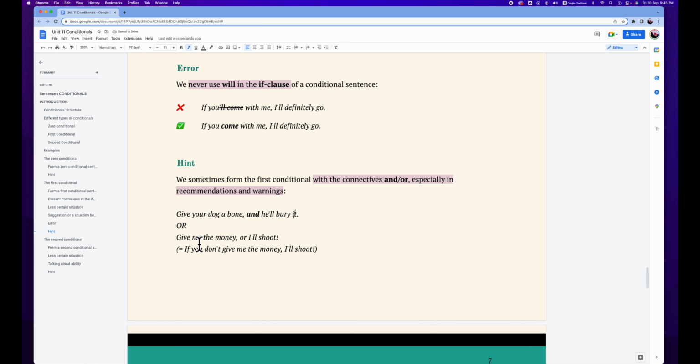Or: give me the money, or I will shoot. So the first one uses and to replace the connective word if for giving recommendations. Give me the money, or I will shoot. This is giving warnings.